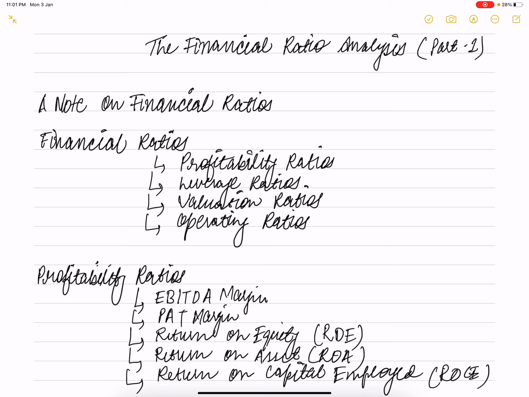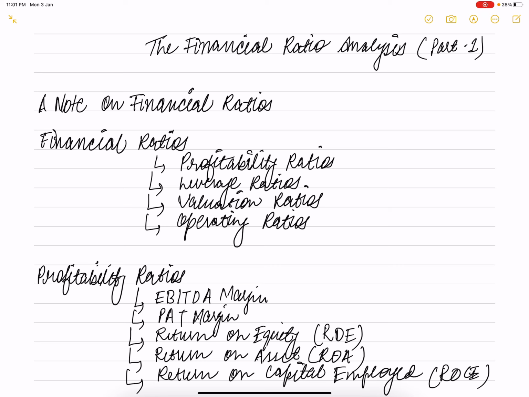However, assume you figure out ACC Cement's profit margin is 12%. Now, as we are comparing two similar companies, comparing the profitability makes sense. Clearly, Ultratech Cement Limited seems to be a more profitable company between the two.